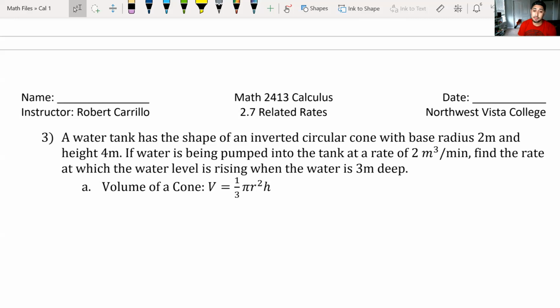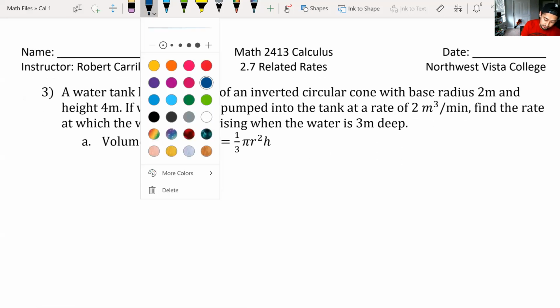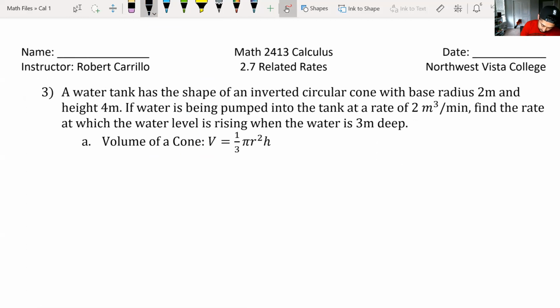A water tank has the shape of an inverted circular cone with base radius 2 meters and a height of 4 meters. So let's see how pretty I can draw my diagram. Good enough. I can make that straighter. There we go. I can make this dashed.